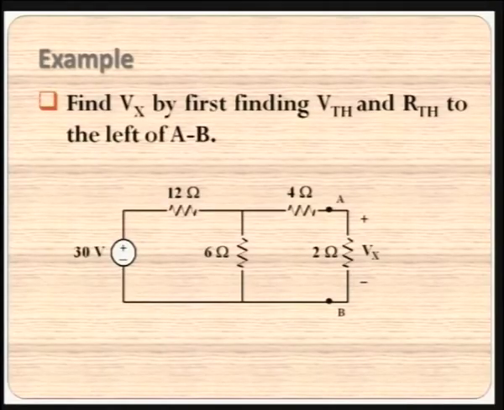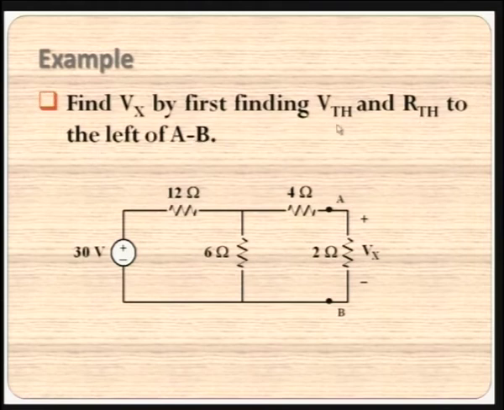We will do that now. We will take up this example, finding the voltage Vx, which is marked here across AB. So, find Vx by first finding Vth and Rth to the left of AB.